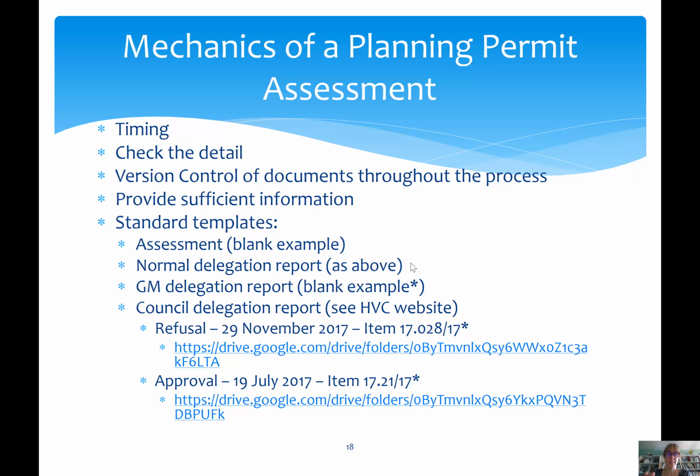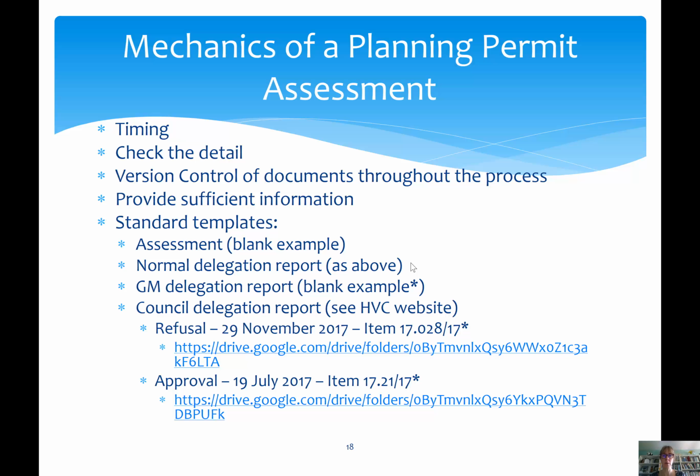So this is, again, some of the mechanics of how this assessment works. The timing is important, the detail is important, version control of documents is important. So the initial assessment might be labelled P1 in the system, and then if there's a request for further information and it's amended, that might end up with P2.